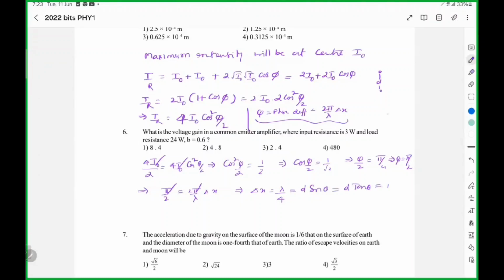Here it is the slit, and this here is the screen. Theta is this, tan theta will be y by D. So delta x will be lambda by 4, which is d y by capital D. Y here is lambda capital D by 4d.